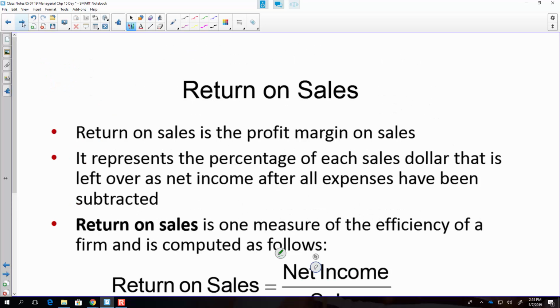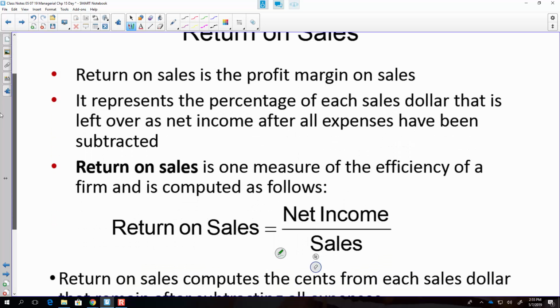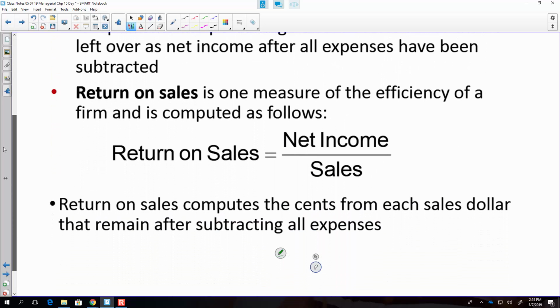Looking at profitability ratios, the big one is return on sales. Huge ratio, normally shown as a percent. This is also done on our vertical analysis.